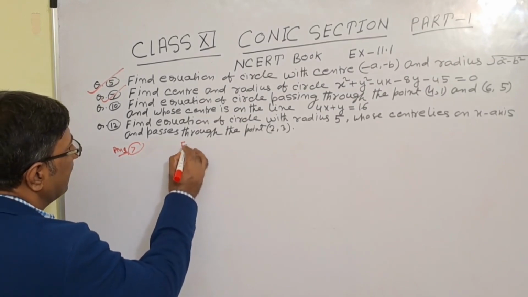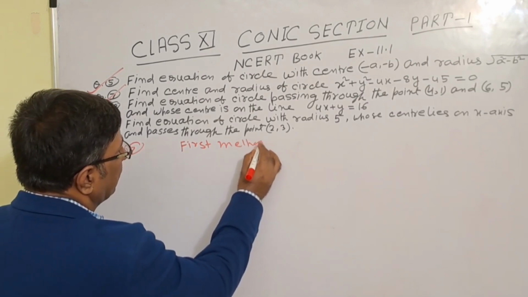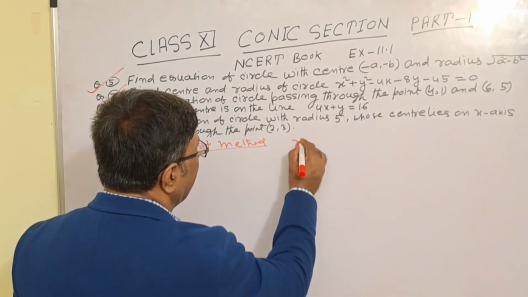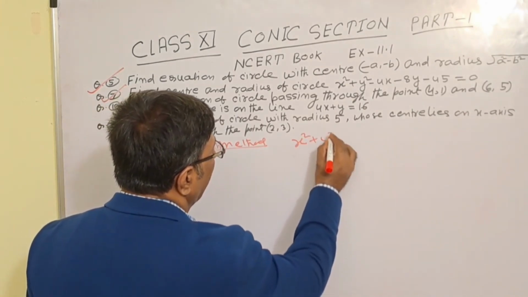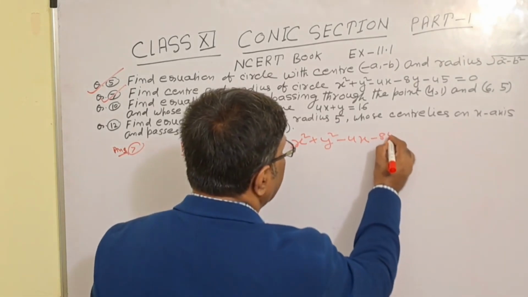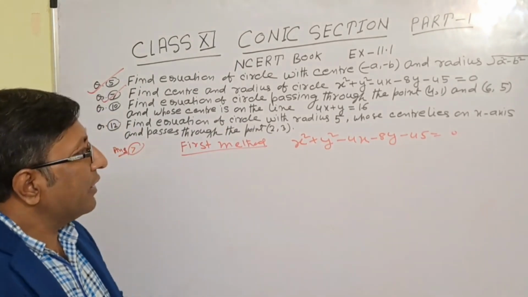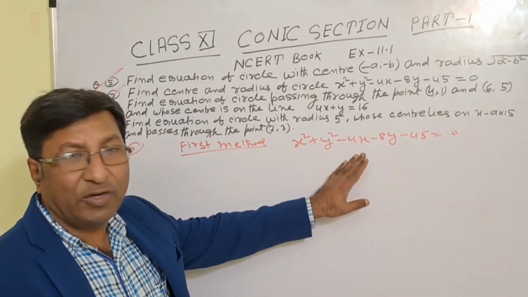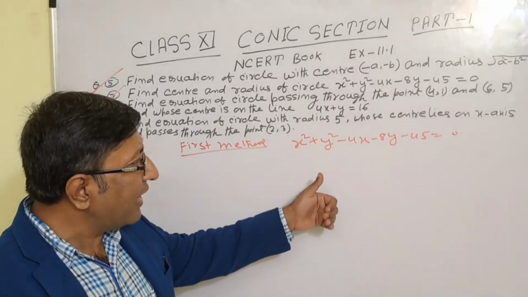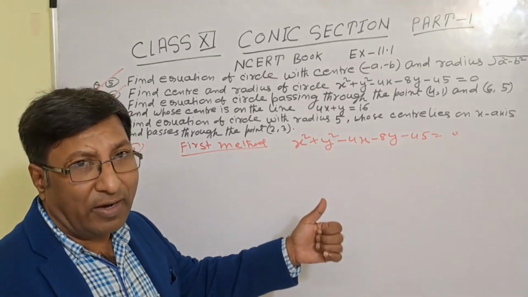So this is first method. So what is first method? So we know given equation is x square plus y square minus 4x minus 8y minus 45 equal to 0. Now from this given equation, you change this equation in the form of x minus h whole square plus y minus k whole square equal to r square.